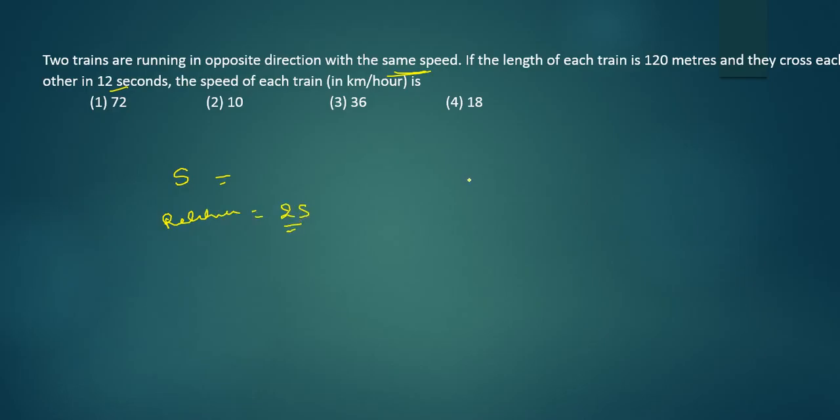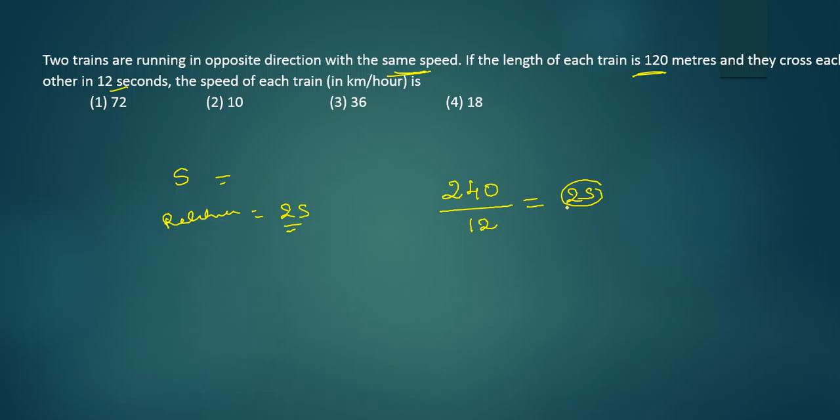Now what is the distance covered by the two trains? Nothing but the length of the two trains, and it is given that the length of each train is 120. It means the total distance covered by the trains is 240. How much time did they take? 12 seconds. Time taken is nothing but distance by relative speed.